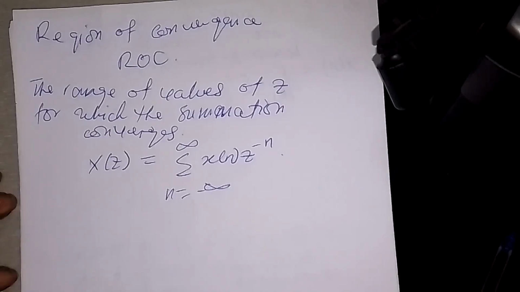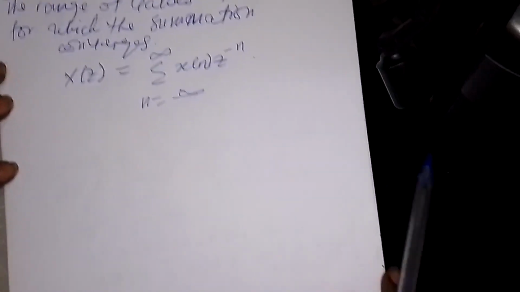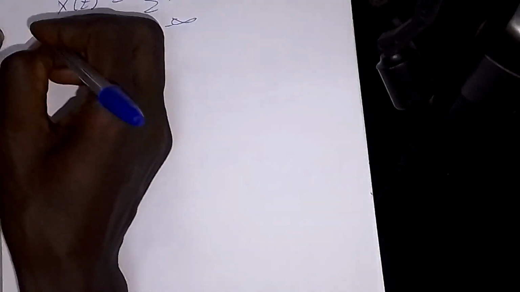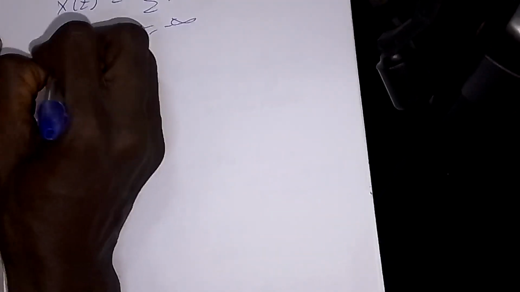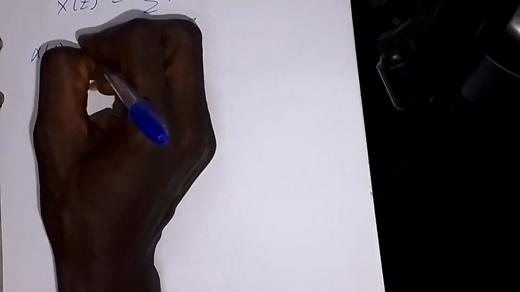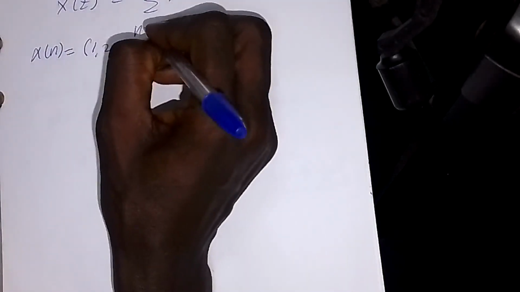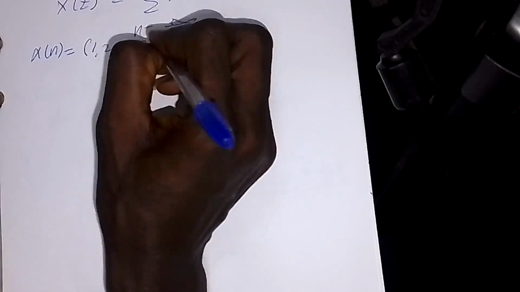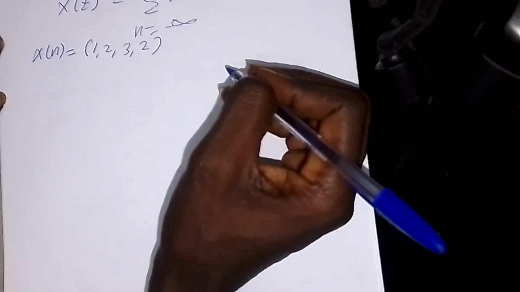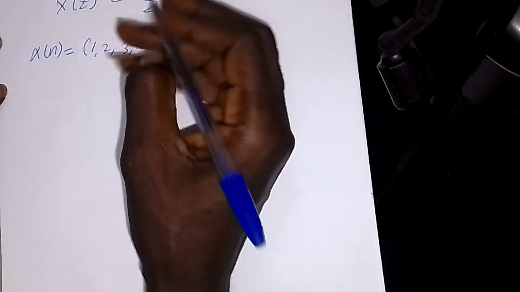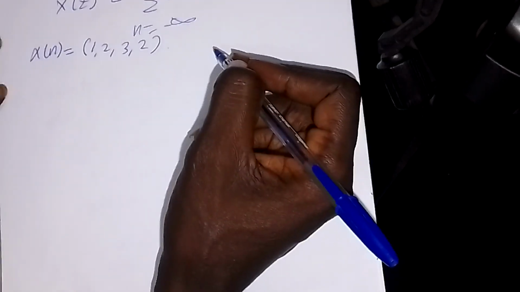Getting to this point, let's take one brief example and see how it works. Let's say we have a discrete time sequence x of n equal to 1, 2, 3, 2. Let's say we want to find the Z transform for this particular sequence.